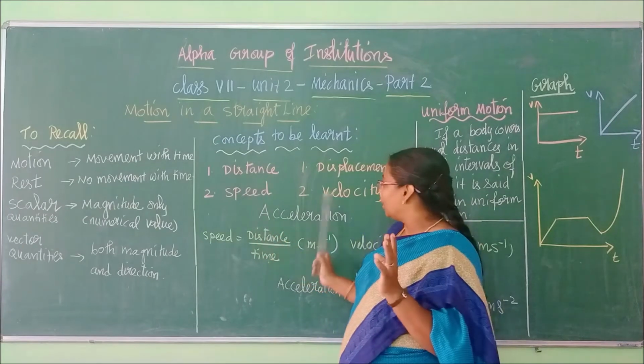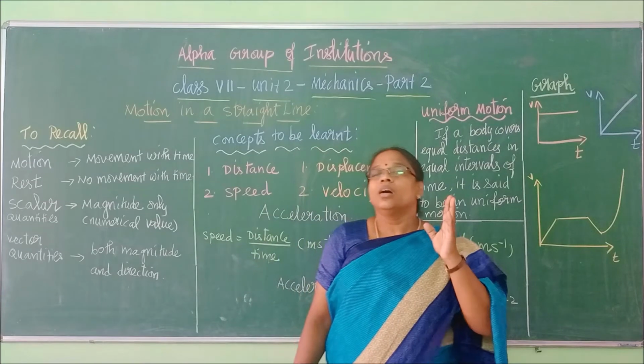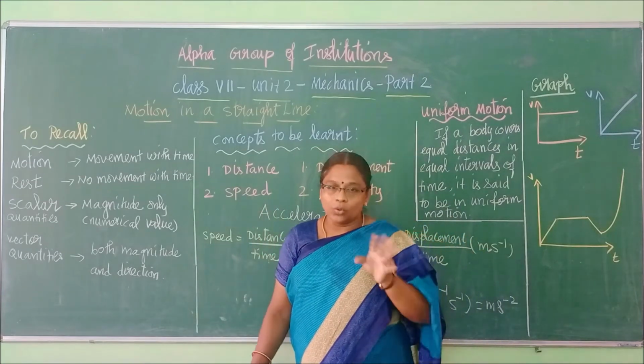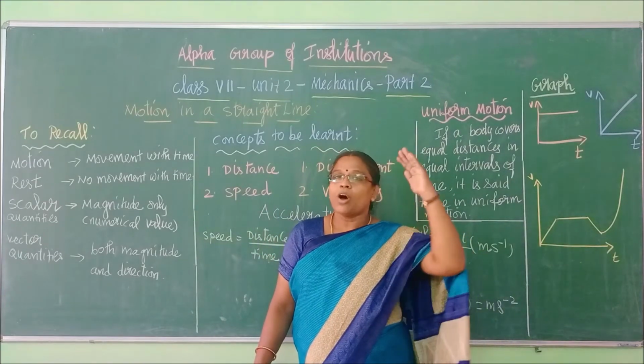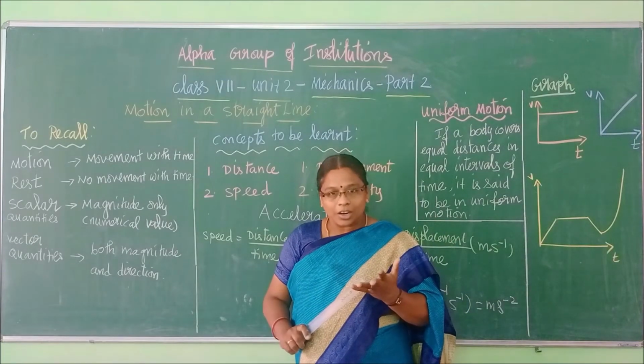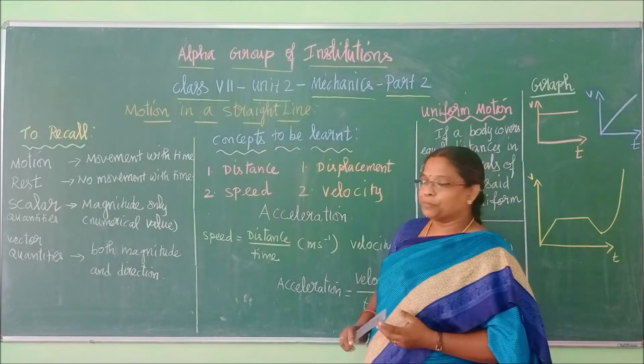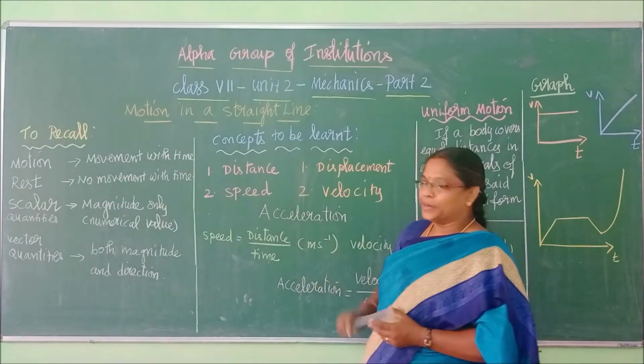So whenever you are learning these quantities, compulsorily you have to learn that particular quantity's units. So remember all those, record in your mind. Okay. Any quantity, when you learn it, learn it with its unit. So distance unit is meter. Right. Now speed.